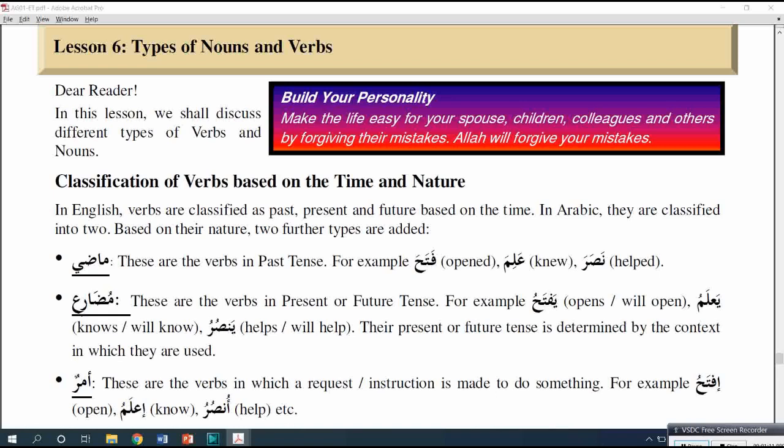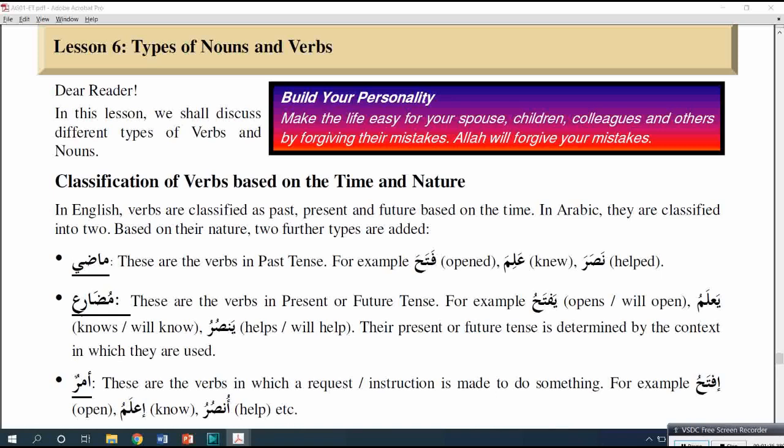Now we start with the different types of nouns and verbs which are available in Arabic. Classifications. Now we are going to the classification of verbs based on time and nature. In English, verbs are classified as past, present, and future based on time.